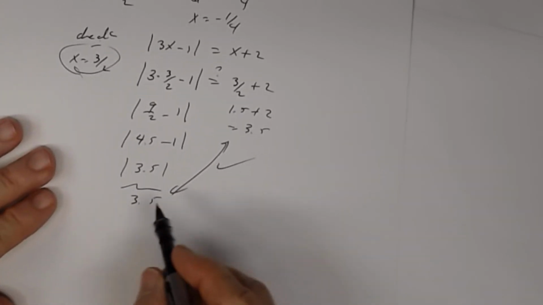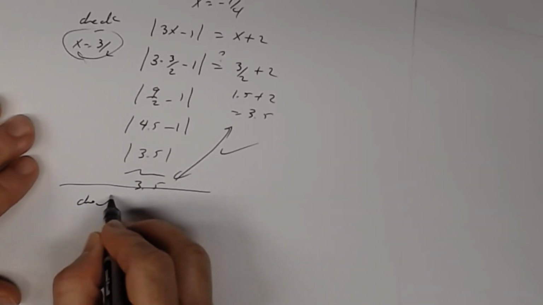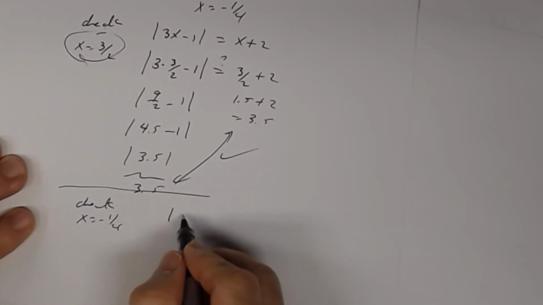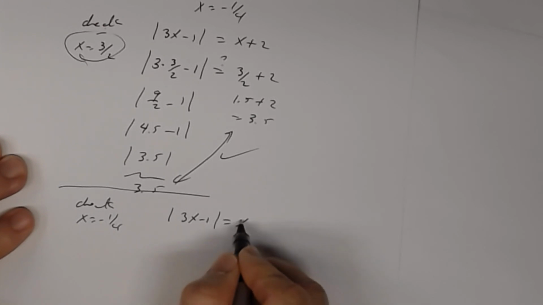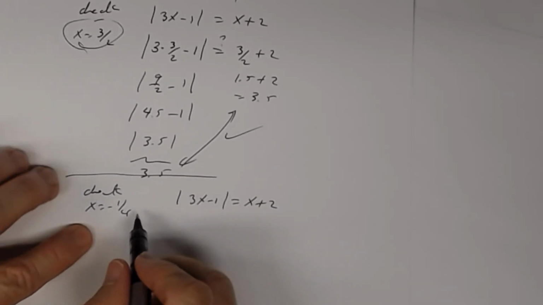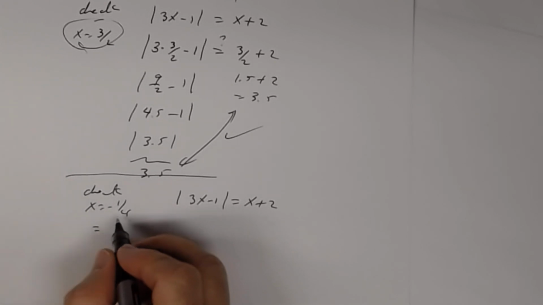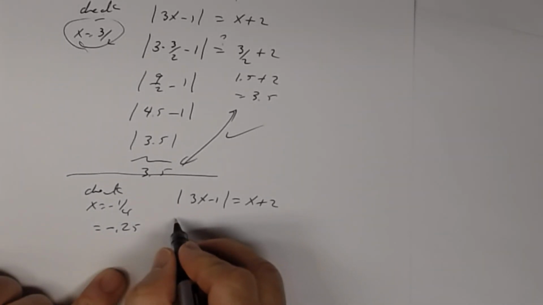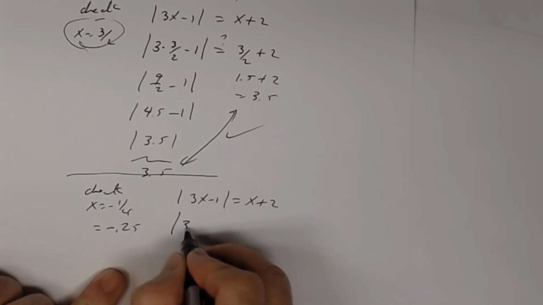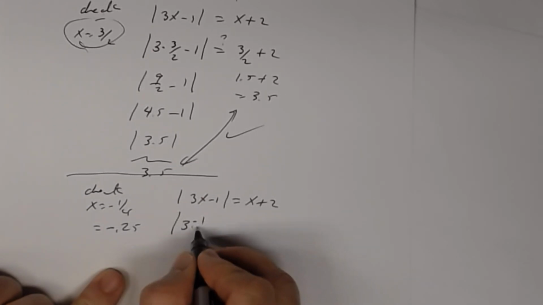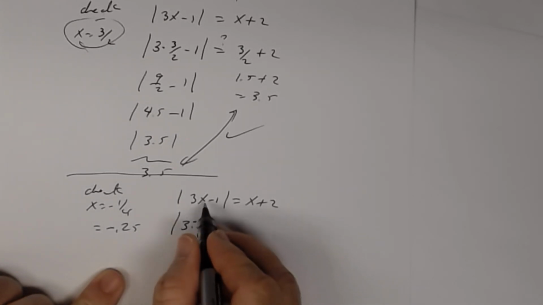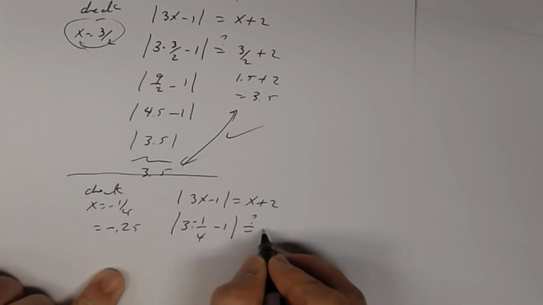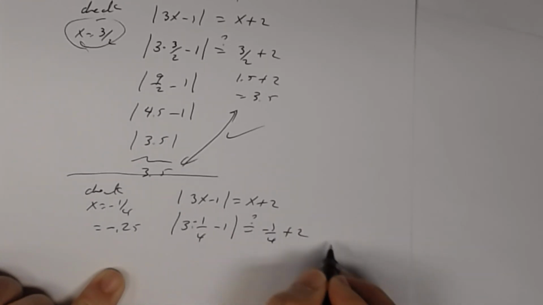All right, so if I check x equal negative 1/4, go back to the original, or write the original. Here was the original. Okay, and wherever we see the variable x, I'm going to substitute negative 1/4, which is, since this terminates, I'm going to go ahead and use a decimal. That's negative 0.25. So I get 3 times, let me just go ahead and use negative 1/4. So 3 times negative 1/4, x is negative 1/4 minus 1, absolute value of that. And I want to see if that's going to equal negative 1/4 plus 2.